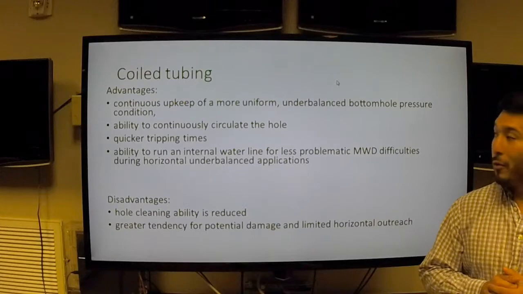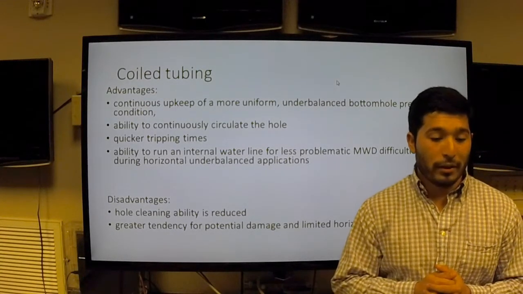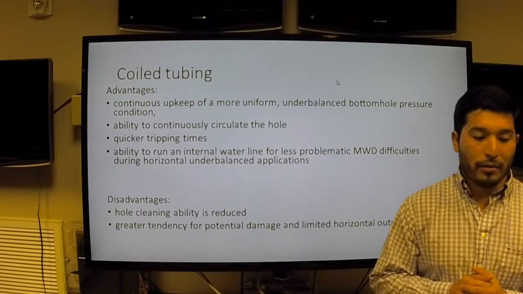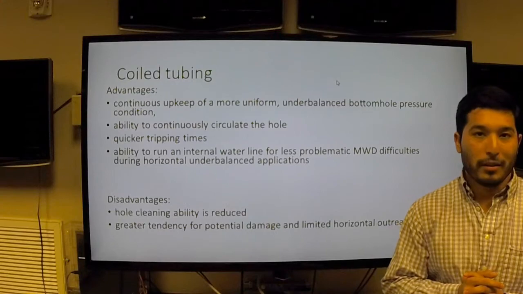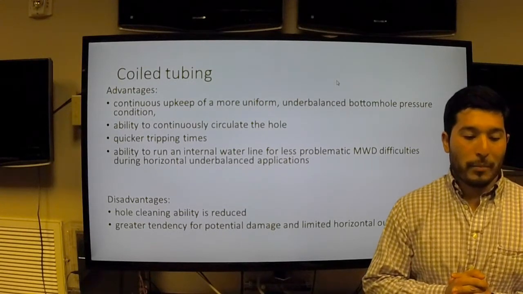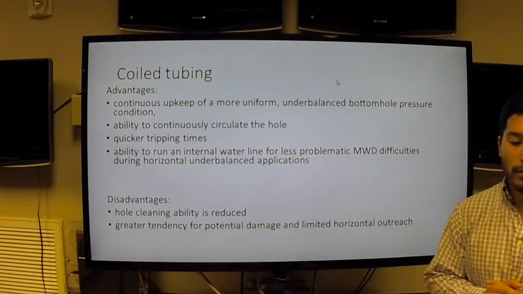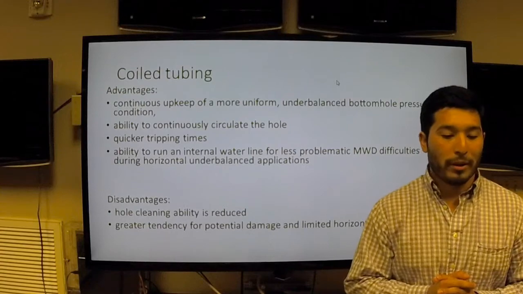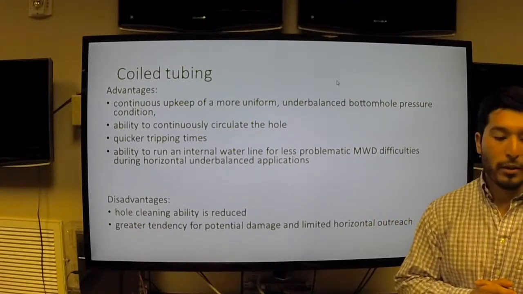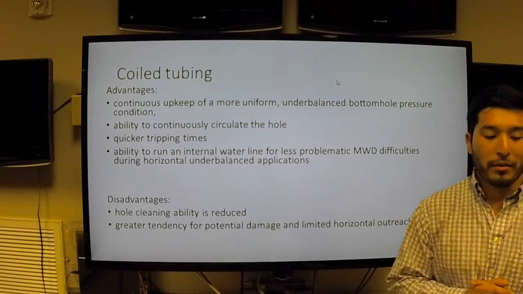Particular application for coiled tubing drilling occurs in situations where underbalanced drilling is under consideration, as coiled tubing has a few specific advantages with respect to continuous upkeep of more uniform underbalanced bottom hole pressure conditions, as well as the ability to continuously circulate the hole, leading to quicker tripping times and the capability to run an internal wire line for less problematic MWD complications.